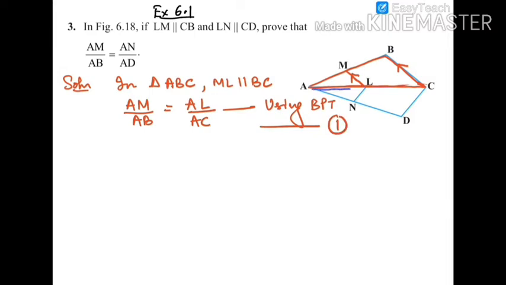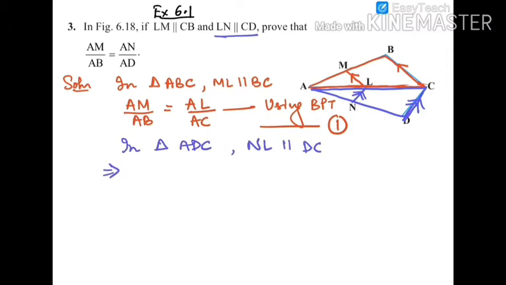Now look at the other triangle, triangle ACD. In this triangle, NL is parallel to CD. So we can use basic proportionality theorem here. So this implies AN upon AD will be equal to AL upon AC.